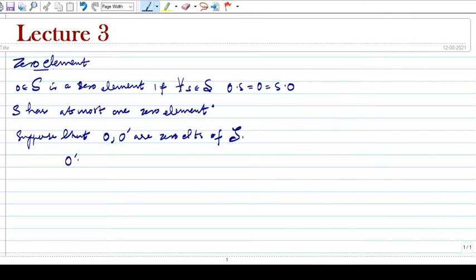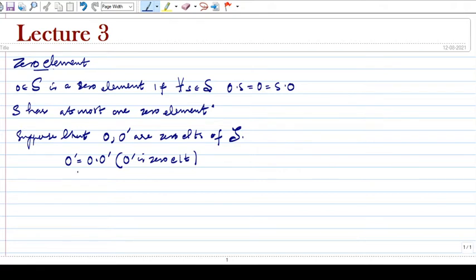0 prime equals 0 times 0 prime. This is because 0 prime is a zero element, because whenever you multiply with the zero element, you will get back the zero element. So since 0 prime is a zero element, when you multiply it with another element 0, you will get 0 prime.